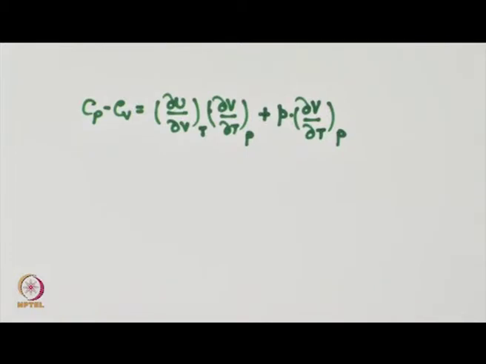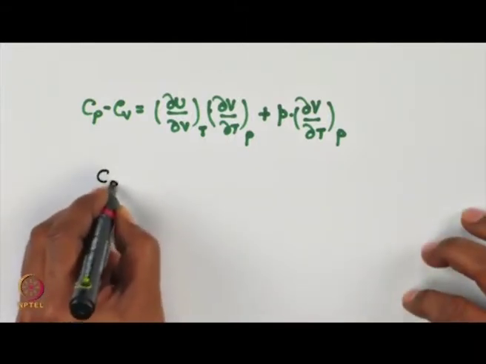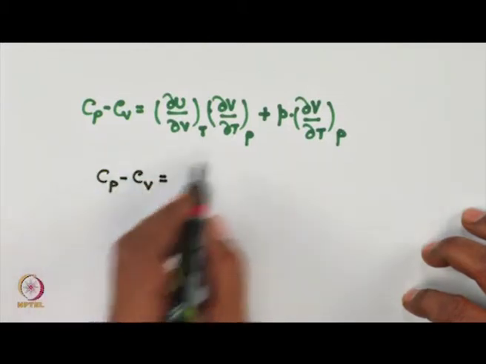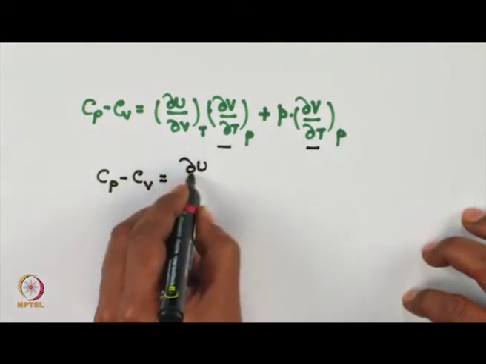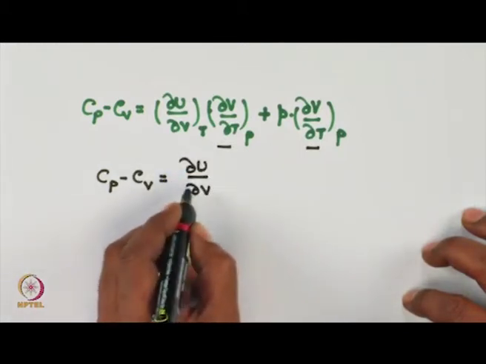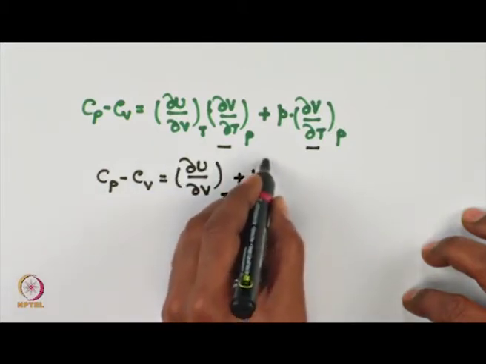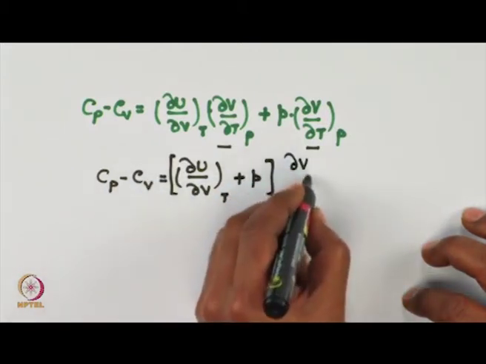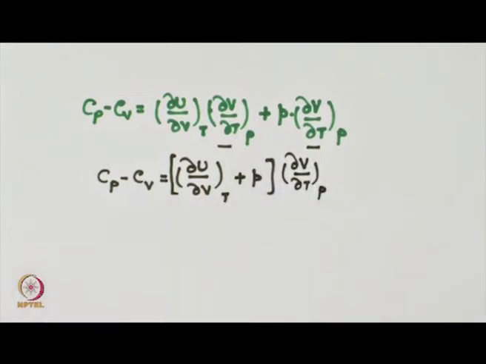So what I have is Cp minus Cv is equal to, taking this as common, the variation of internal energy with respect to volume at constant temperature plus P, into the variation of volume with temperature at constant pressure.